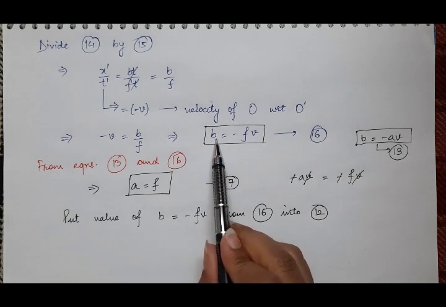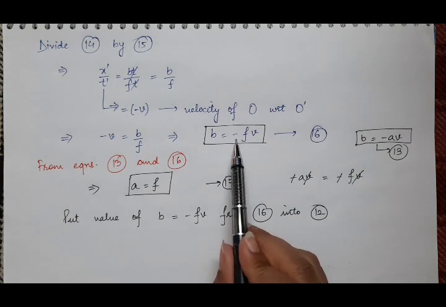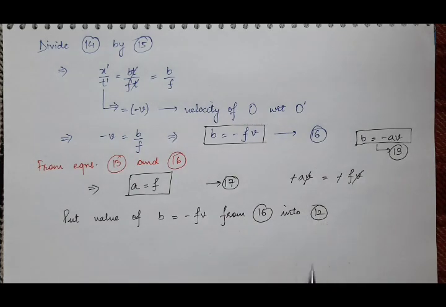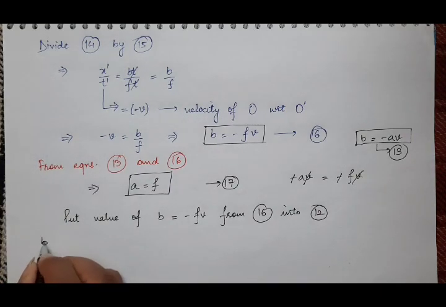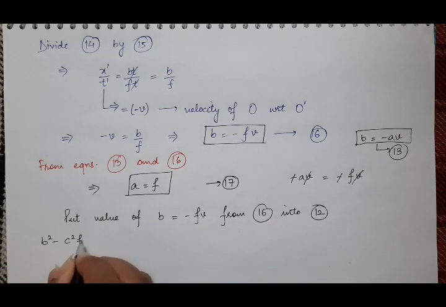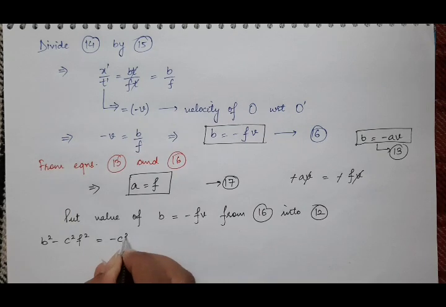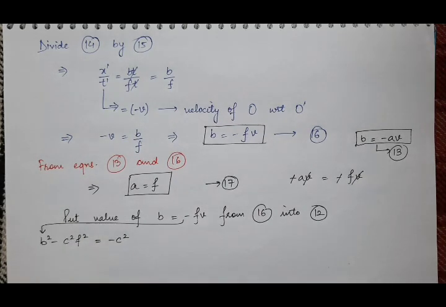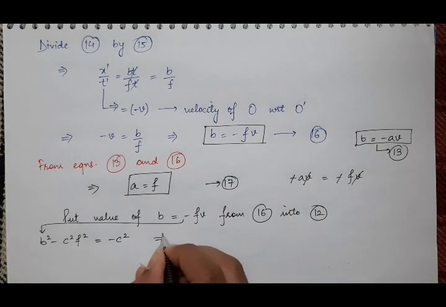Now put this value of B, which is equal to minus FV from equation 16th, in equation 12th. And what is equation 12th? Equation 12th was B square minus C square F square is equal to minus C square. So put this value of B here, and what you will get?